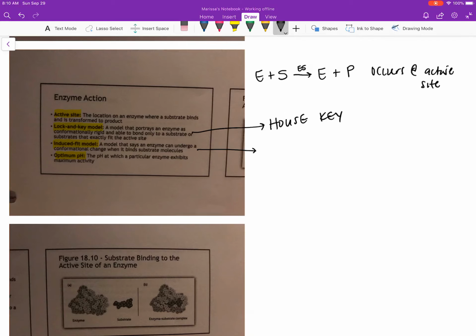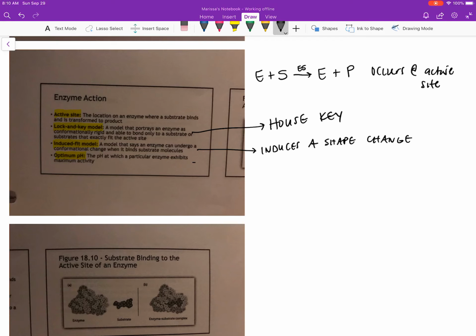Okay, so even though it's not directly meant to fit as it is, once it binds, it changes shape, and then it is able to do the reaction. And remember, conformational means changing its shape with respect to 3D.